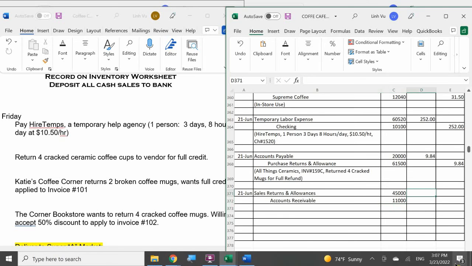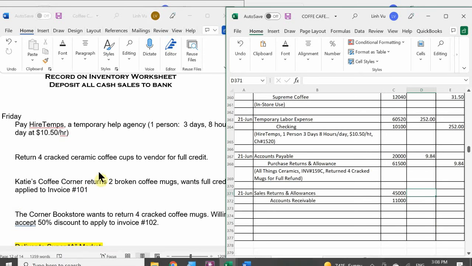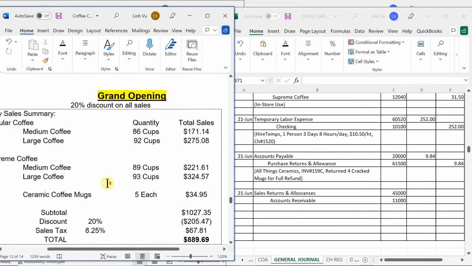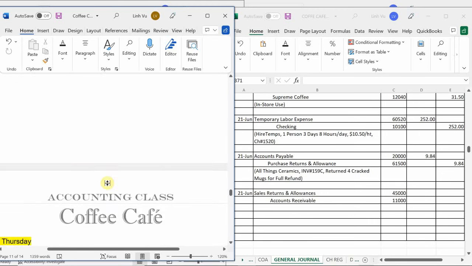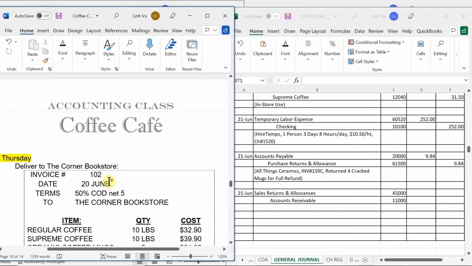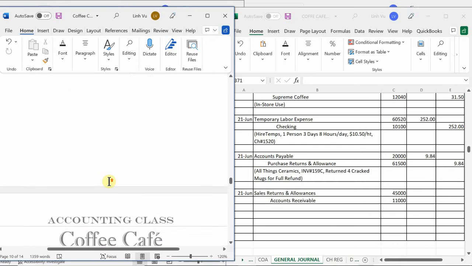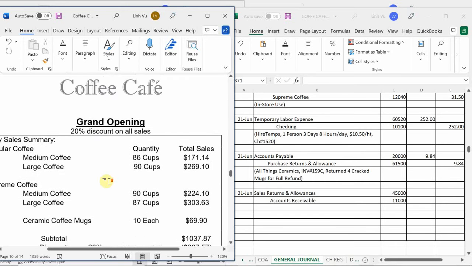Now, how much did we sell these coffee mugs for? In this case, it's up to you. You can go ahead and look up the receipt here, or the invoice that we sent her. So that's the Coffee Corner.